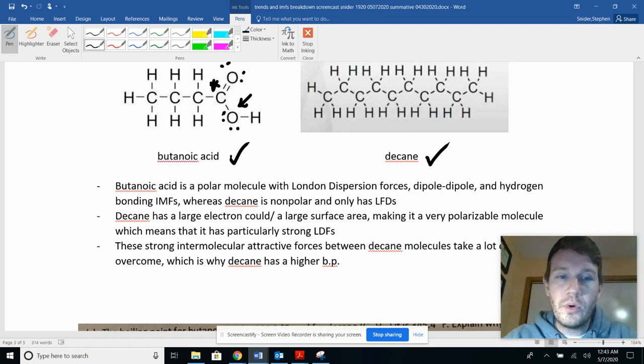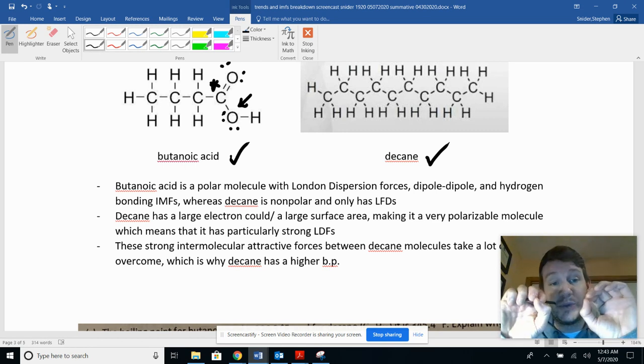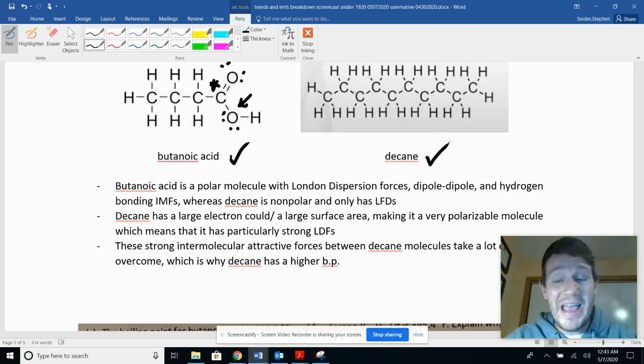So we have dipole-dipole intermolecular attractive forces between separate neighboring butanoic acid molecules. And finally, we have hydrogen bonding, which can often be very strong, the preeminent intermolecular attractive force. That's what's going on for butanoic acid.